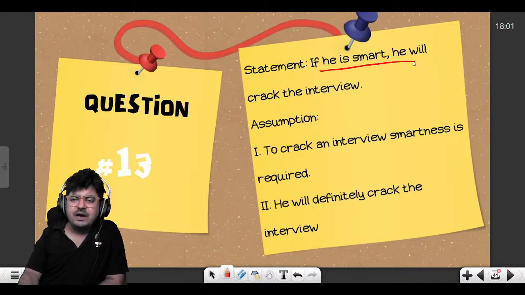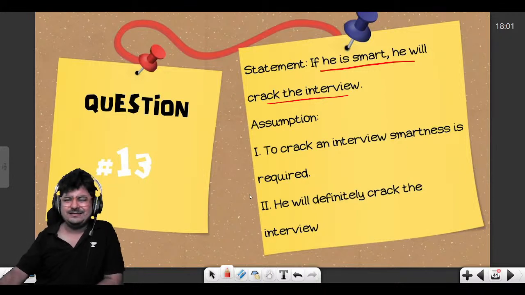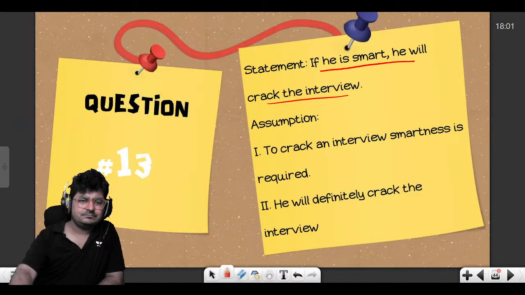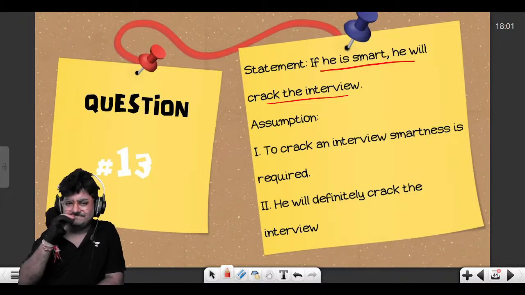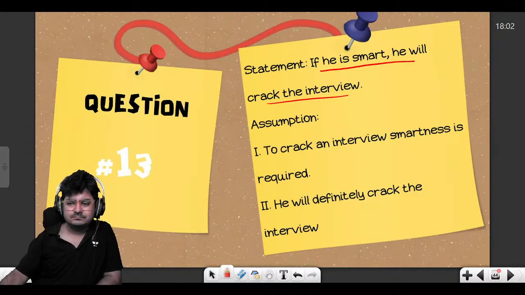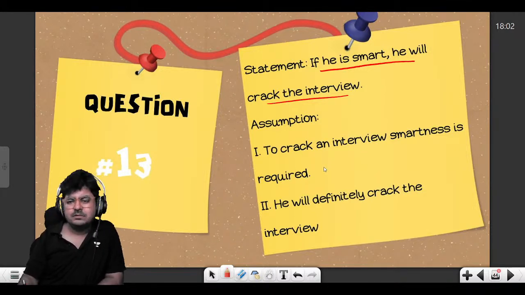Statement: If he is smart, he will crack the interview. क्या बात है! बोलो: to crack an interview, smartness is required. बात तो सही है.